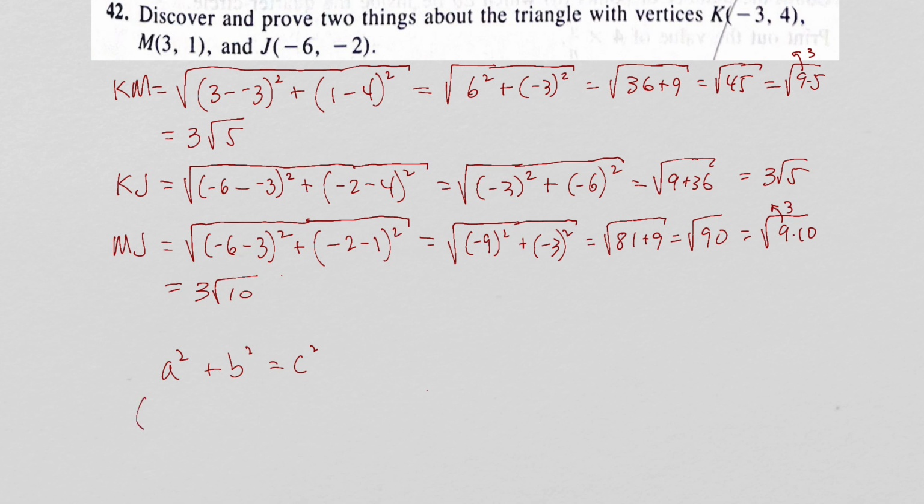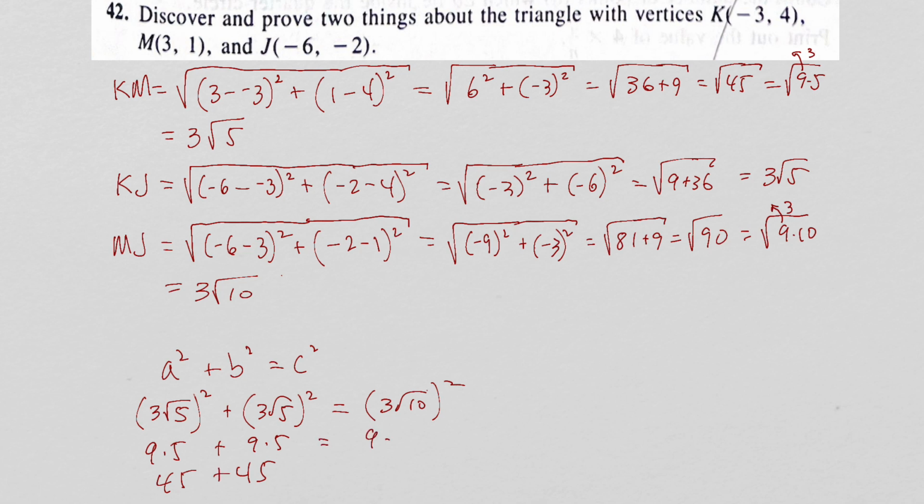So 3 root 5 squared plus 3 root 5 squared, is this equal to 3 root 10 squared? Well, 9 times 5 is 45 plus 45, is this equal to 9 times 10, which is 90? 45 plus 45 is 90, so this tells us it's a right triangle.